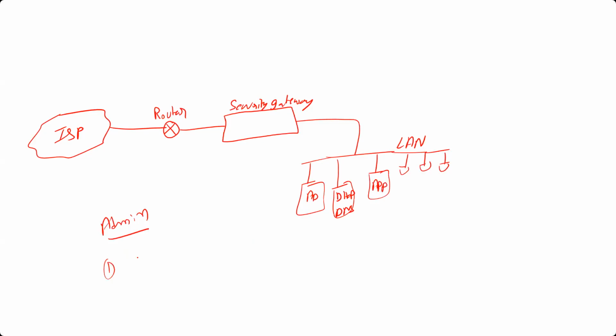The first job is to configure all the network resources, configure the router, configure the security gateway, write some policies on the router and on the security gateway, allowing or denying certain traffic, and then configure the Active Directory, and write certain policies on the Active Directory, allowing a user to log in from a very specific computer, or from how many different computers a user can log in simultaneously.